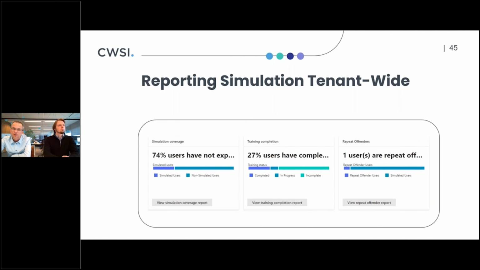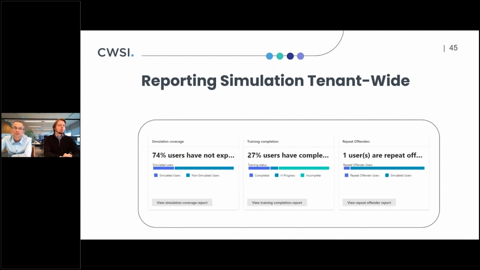Last but not least, there's also some reporting available tenant-wide, which means it's not focused on the individual, it's not focused on the campaign itself you are running at the moment, but it's an option to compare tenant-wide the previous attack simulation trainings, which means there's an option to show repeating offenders, which means people who failed the attack simulation training campaign more than once.